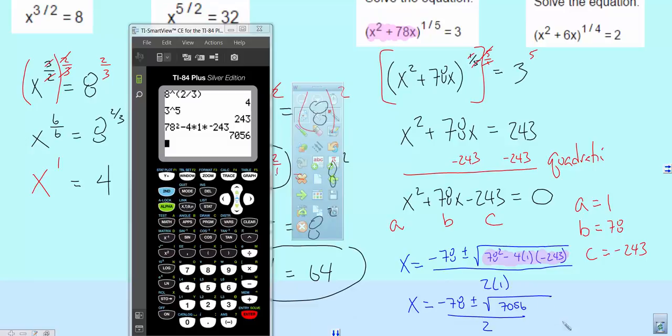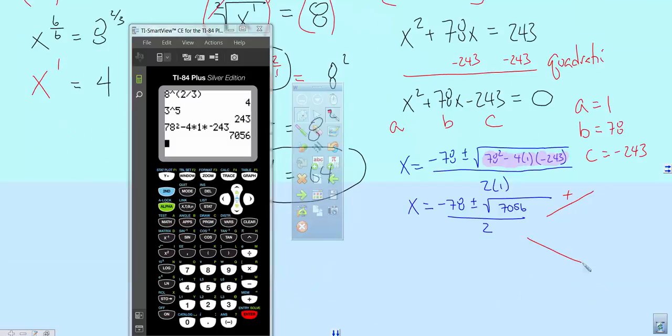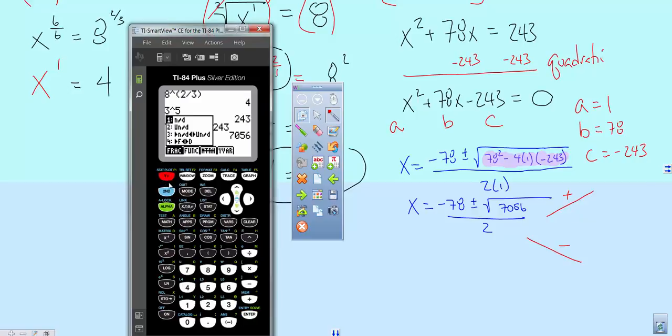Remember that the quadratic has both a plus and, let me give myself a little more room, and a minus. So now I take my calculator and I do those as two separate pieces. So I like to use my fraction key. So alpha y equals, choose number 1. Oh, let me hit pause for a second and turn my mode back.